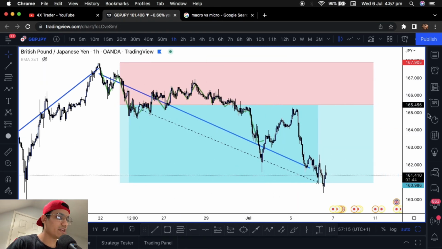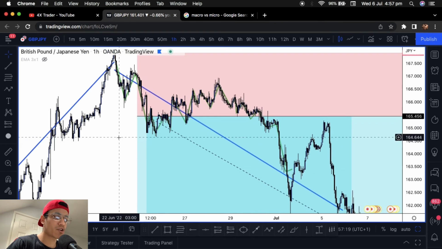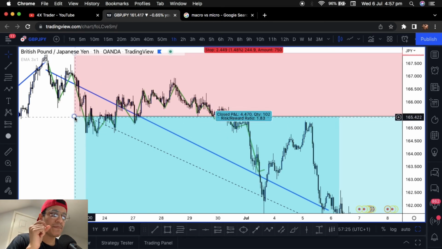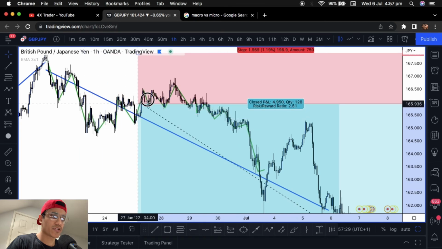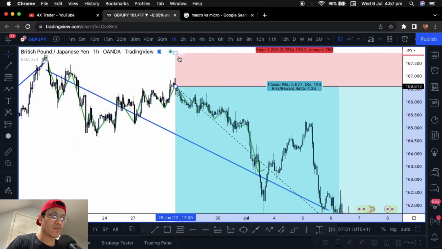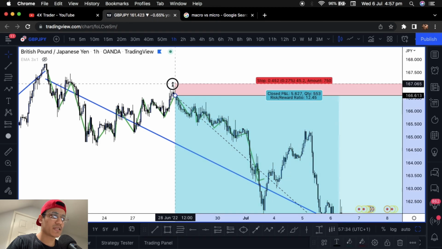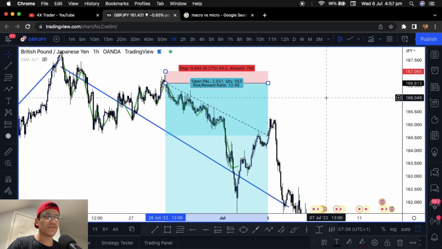So this is what you do. If macro market structure is bearish, wait for micro market structure to be bullish, to retrace, and give you a good entry. Your trade could have been somewhere here instead of from here, with a smaller stop loss here. This trade is now a 1 to 12.